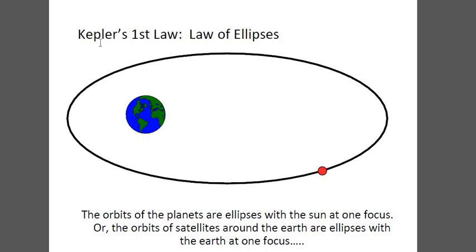According to Kepler's first law, the law of ellipse, the orbits of the planets are ellipses with the sun at one focus.